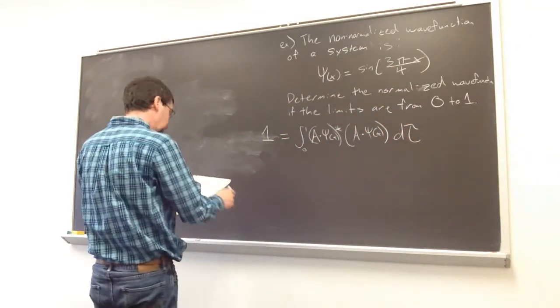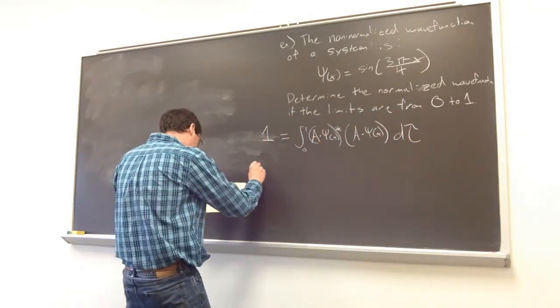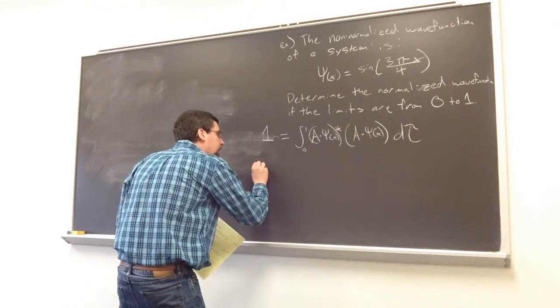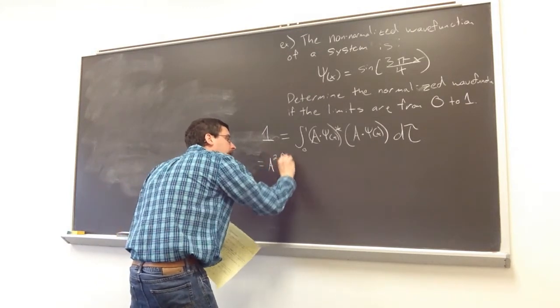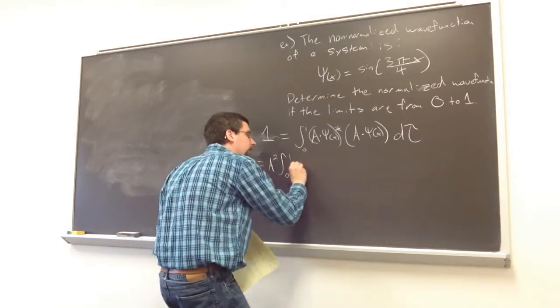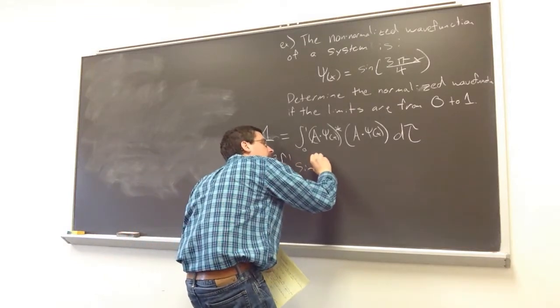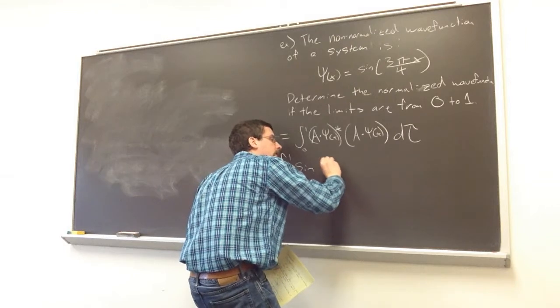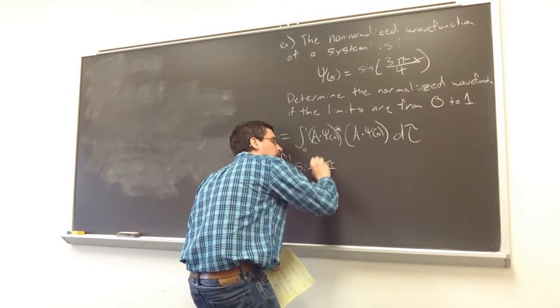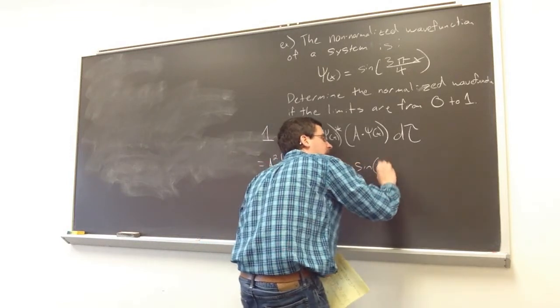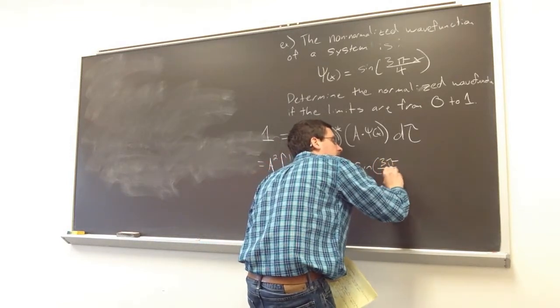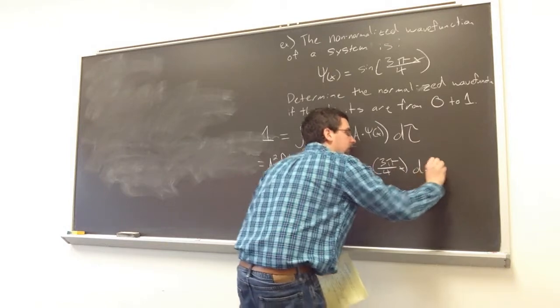Okay, so let's start doing some mathematical manipulation. We can pull our A constants out. We have the integral from 0 to 1 of sine 3 pi over 4 x times sine 3 pi over 4 x dx.